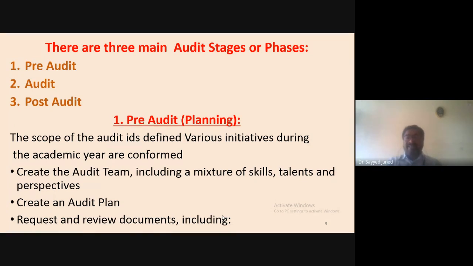Next, request and review documents. We produce some documents like your audit process and audit reports, like how many plants are present in your campus, which kind of plants, their genera, their species, and so many kinds of things included in this report. Next slide.